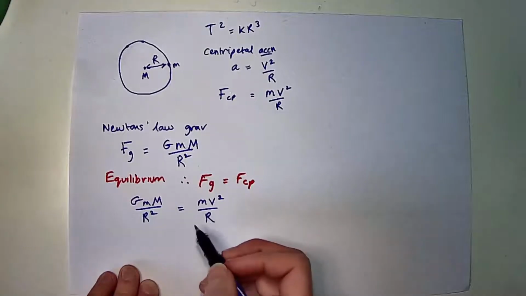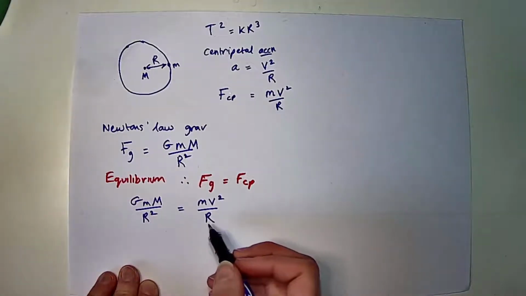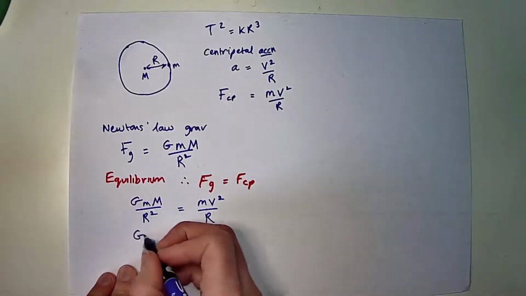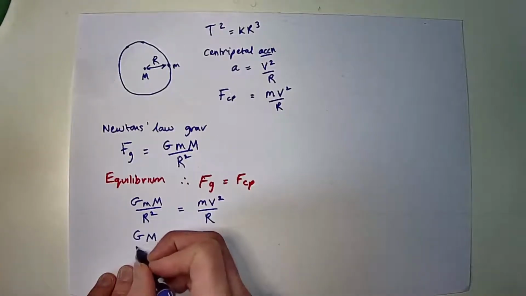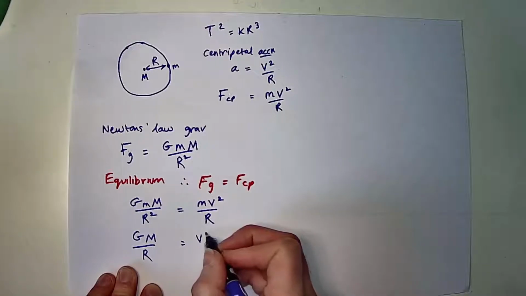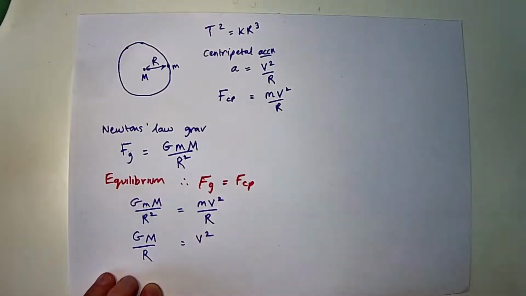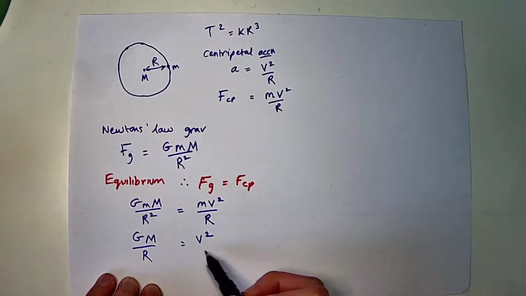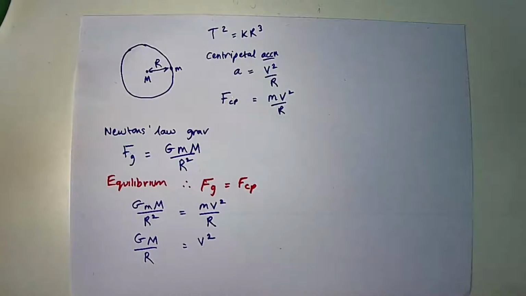We'll cancel out the m's and we'll cancel out one of the 1 over r's. And now we have this term v that we want to change.